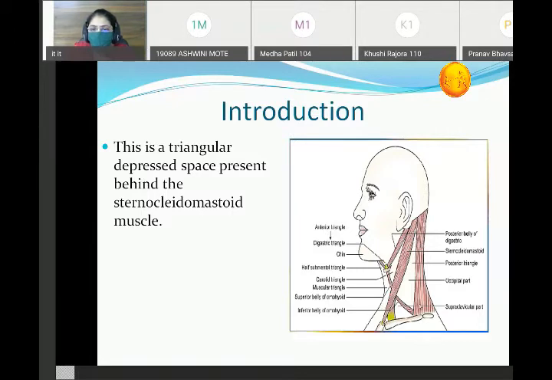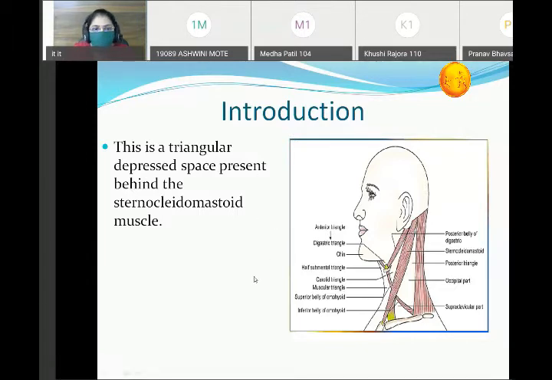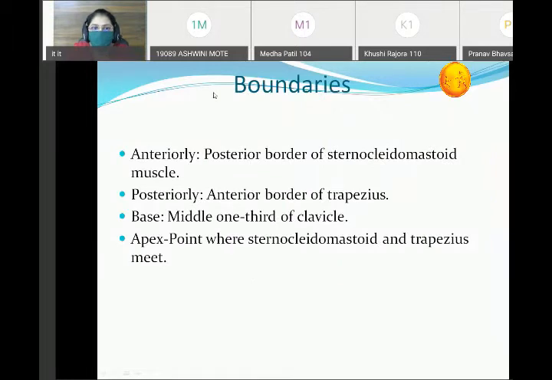So it has different boundaries like the anterior triangle. So what are these boundaries? The boundaries are anteriorly the posterior border of the sternocleidomastoid muscle.